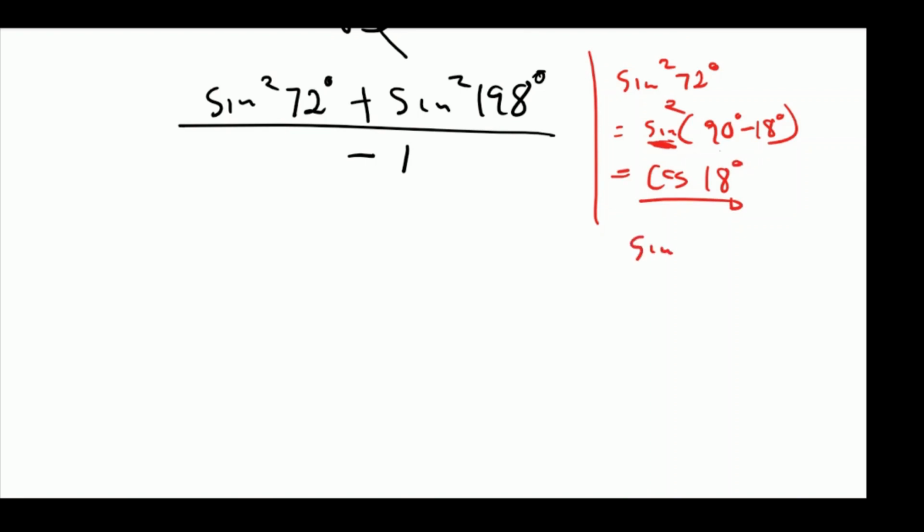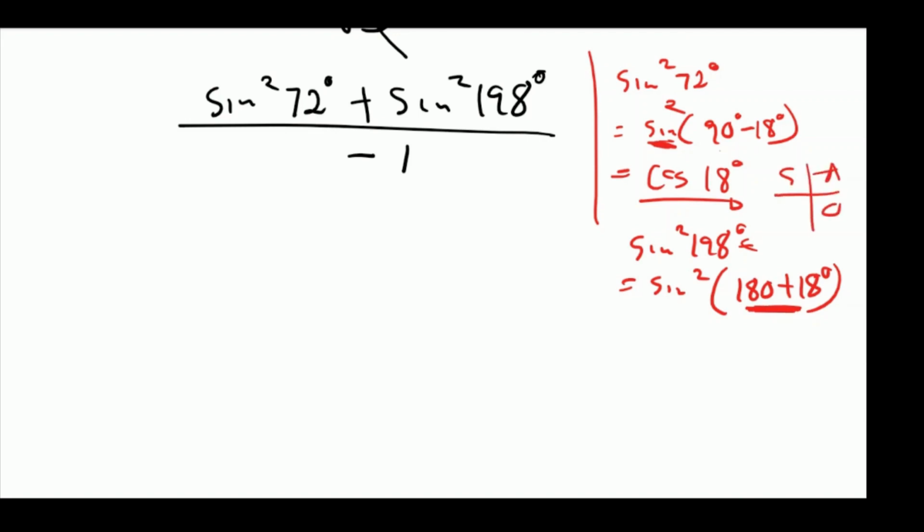Then we reduce the sine squared of 198 degrees, which is equal to sine squared of 180 plus 18 degrees. It's going to give you 198, right? This is in the third quadrant, where only tan is positive, meaning that the sine is going to be negative.